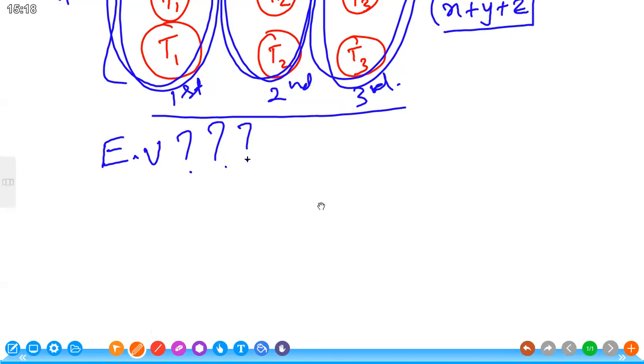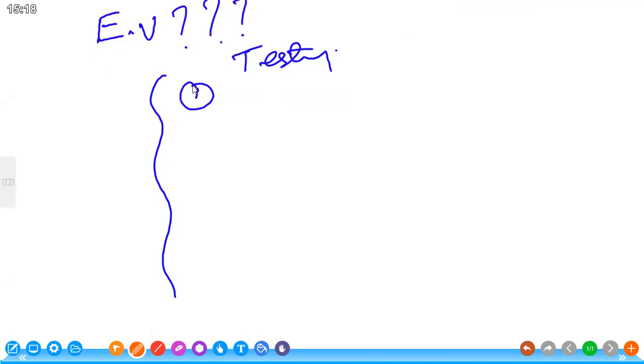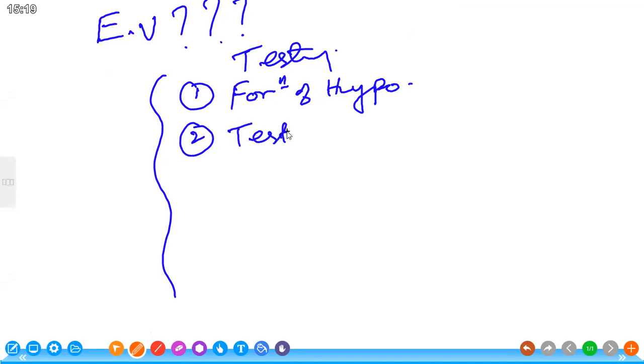Can you remember, in our test or any testing, the first step is formulation of hypothesis, the second step is test statistics. What is the third step?